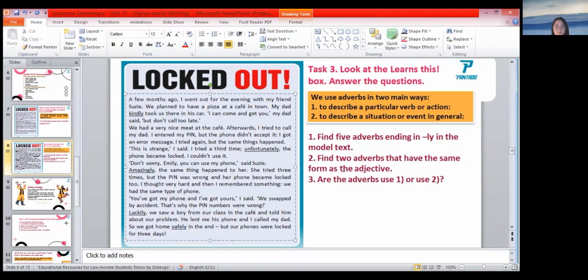Okay, can you find 2 adverbs that have the same form as the adjective? This is late, too late, and hot, hard.